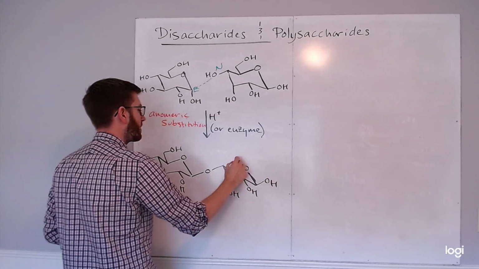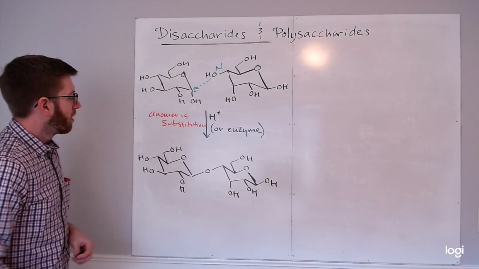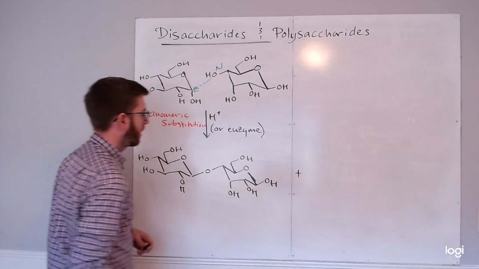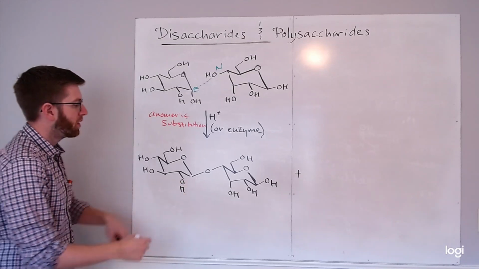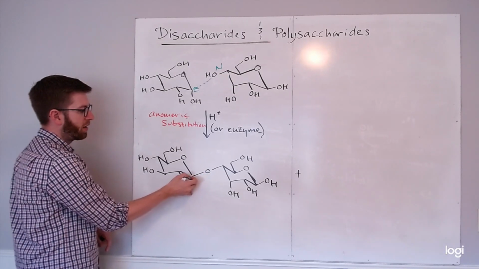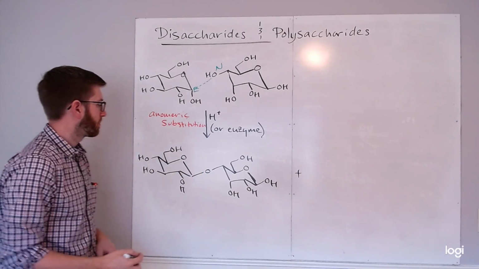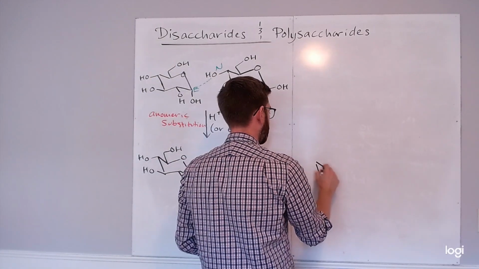Everything else will stay the same on the nucleophile. Or I could make the same bond, but I could make this C-O bond axial down. So I'll draw that product also.